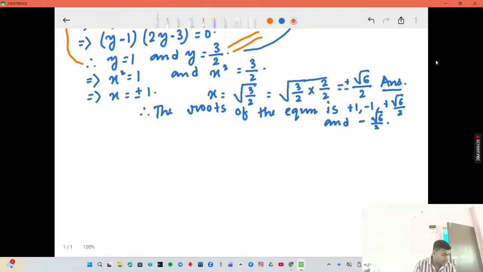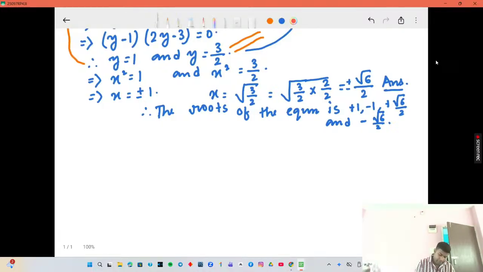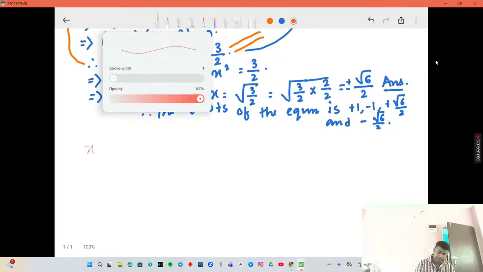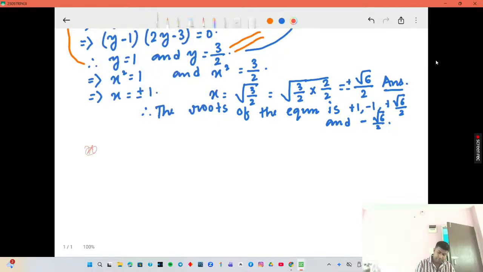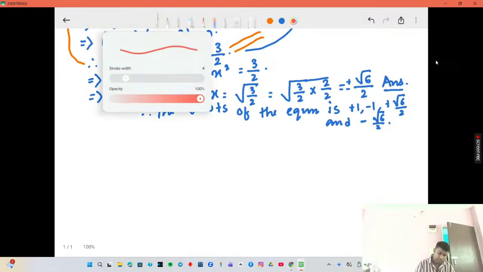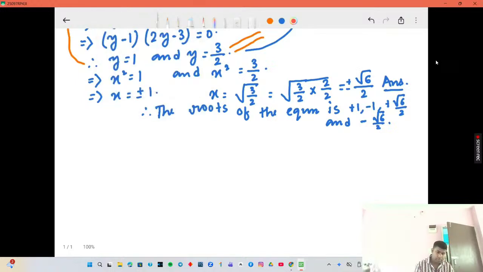So the next question is given as x to the power 4 minus 2x squared minus 3 is equal to 0.